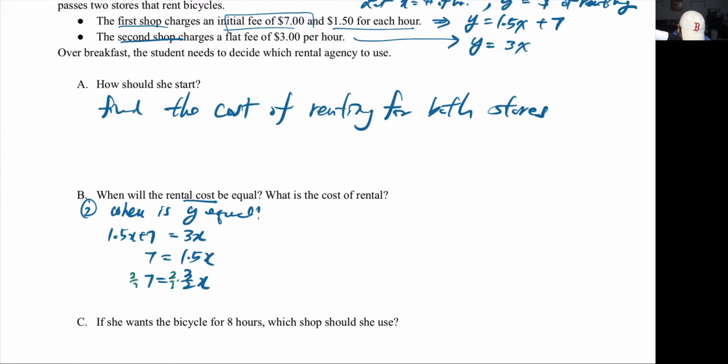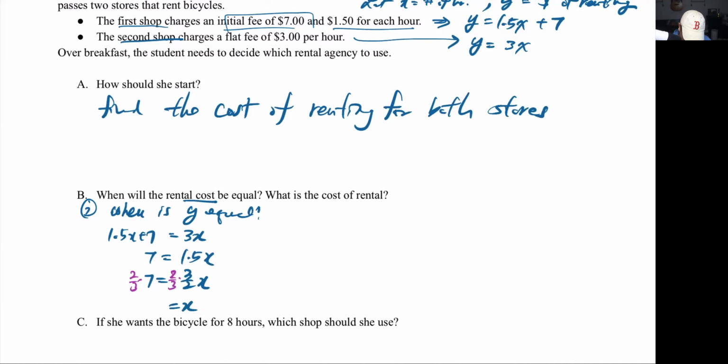Actually, I don't like that color, it doesn't show up as much, so let me change it to magenta. Multiply 2/3 to both sides. The good thing about the reciprocal is that it becomes 1. So the right-hand side is x, and the left-hand side is 14 over 3.